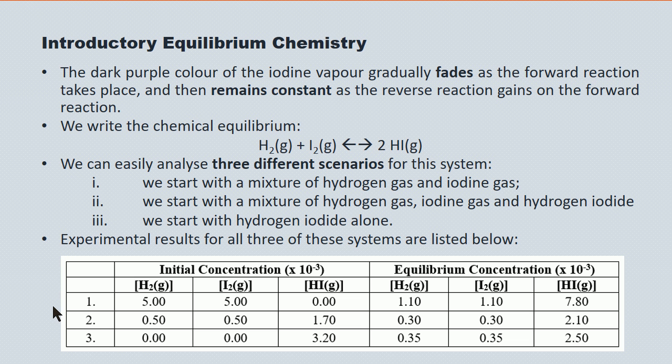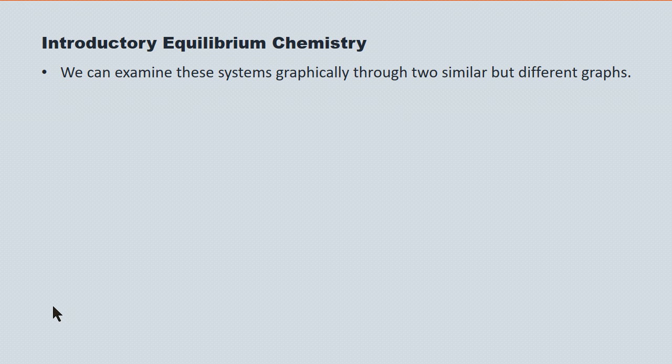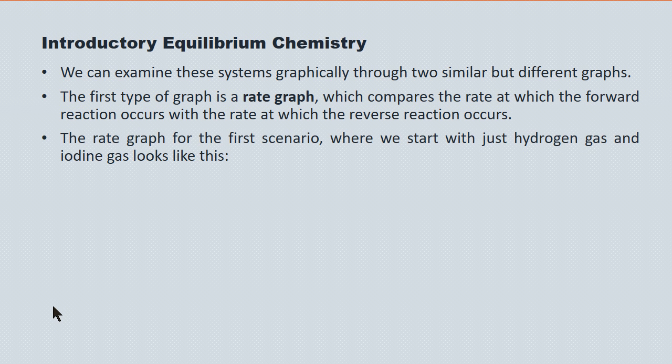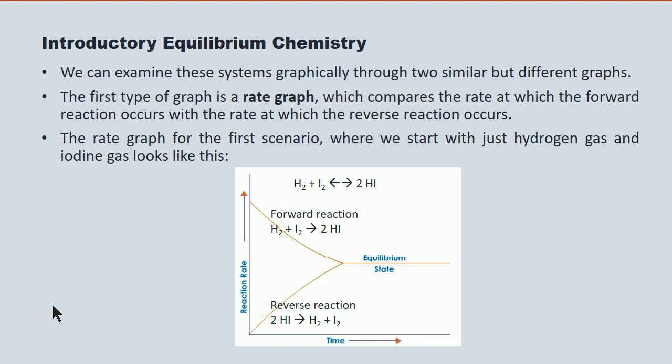So first, graphically, we can examine this using what's called a rate graph. And again, we've talked about equilibrium being a balance in opposing chemical rates. So let's see what that looks like graphically. You'll notice that the x-axis is time and the y-axis is reaction rate.